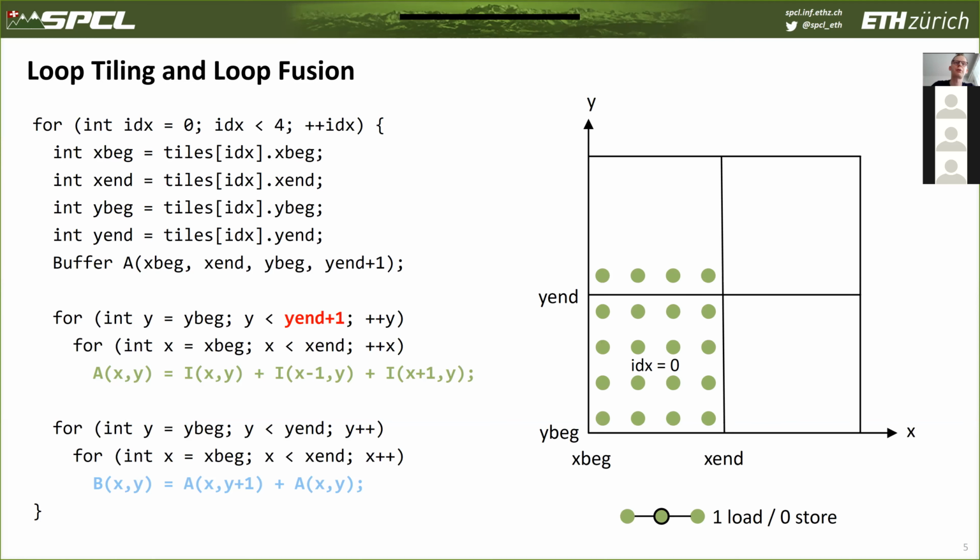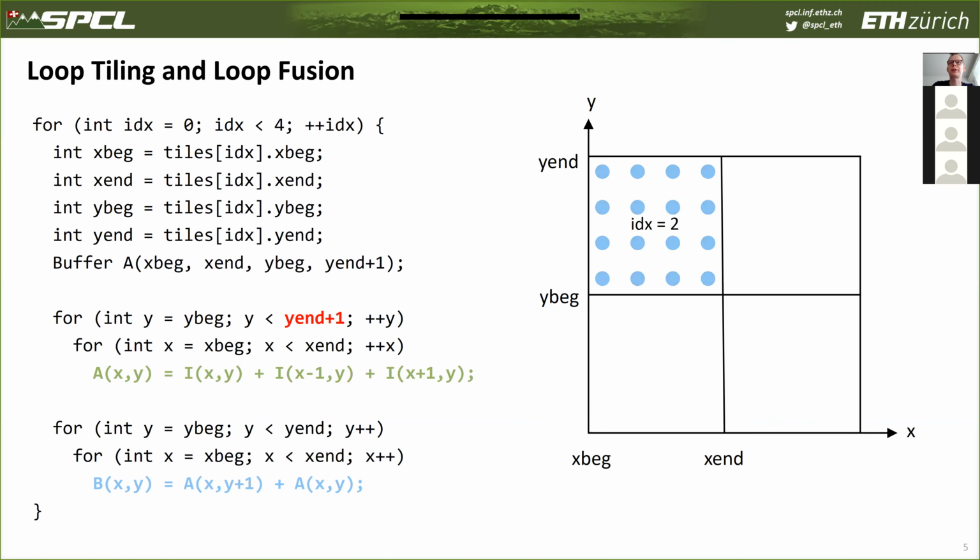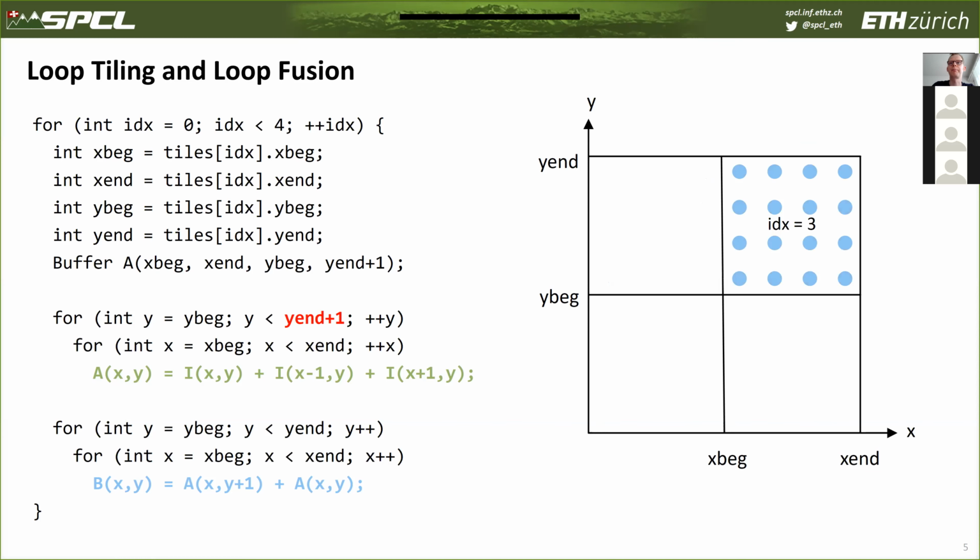And to visualize what happens if we execute this: first we apply A to the tile plus some boundary because we have dependencies in Y+1. And then we apply the second stencil. Then we go on to the next tile, to the third tile, to the fourth tile.